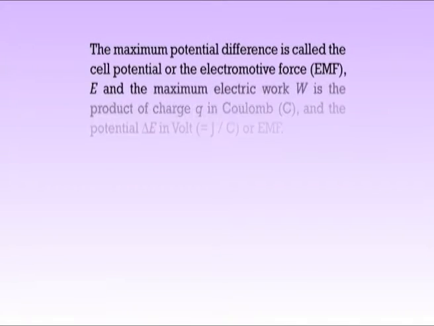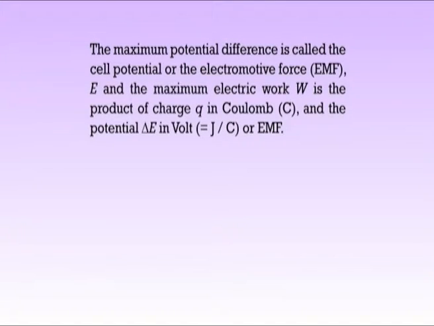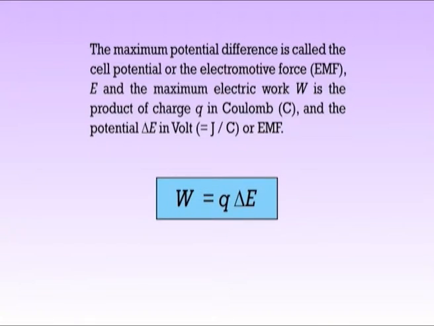The maximum potential difference is called the cell potential or the electromotive force, which we call EMF, E, and the maximum electric work W is a product of charge Q in coulomb and the potential delta E in volt or EMF. So W equals Q delta E.